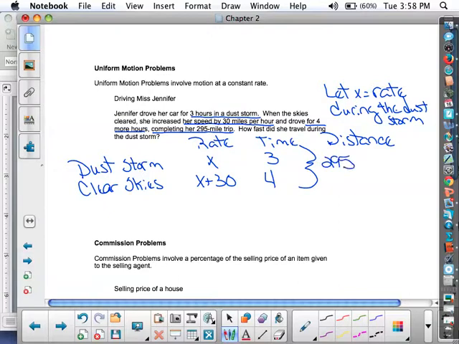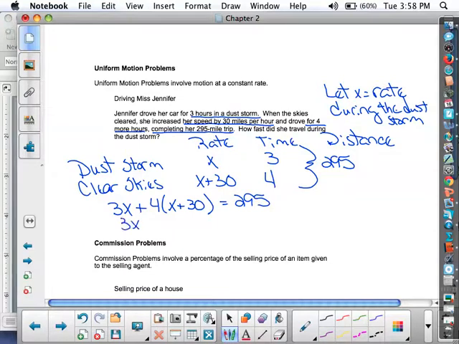So her total distance under both conditions was 295 miles. So you take the two conditions: during the dust storm, 3 hours times the rate, plus after she was out of the dust storm, 4 hours times that rate plus 30, and that should equal 295 miles.